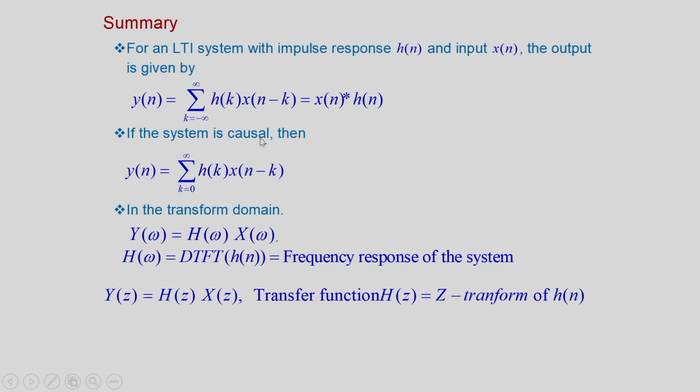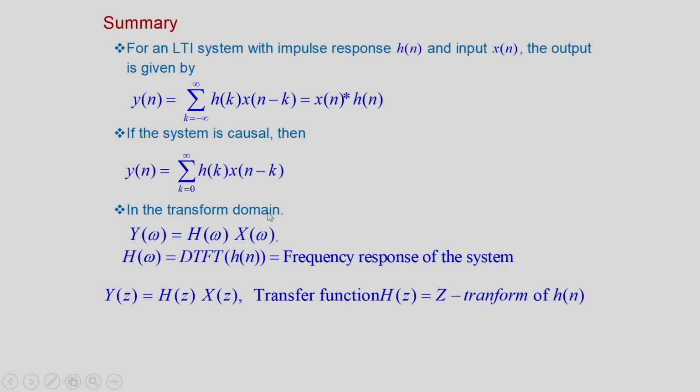Now, if the system is causal, in that case h[k] is equal to 0 for k less than 0. Therefore y[n] will be equal to the summation of h[k] x[n minus k], k going from 0 to infinity.